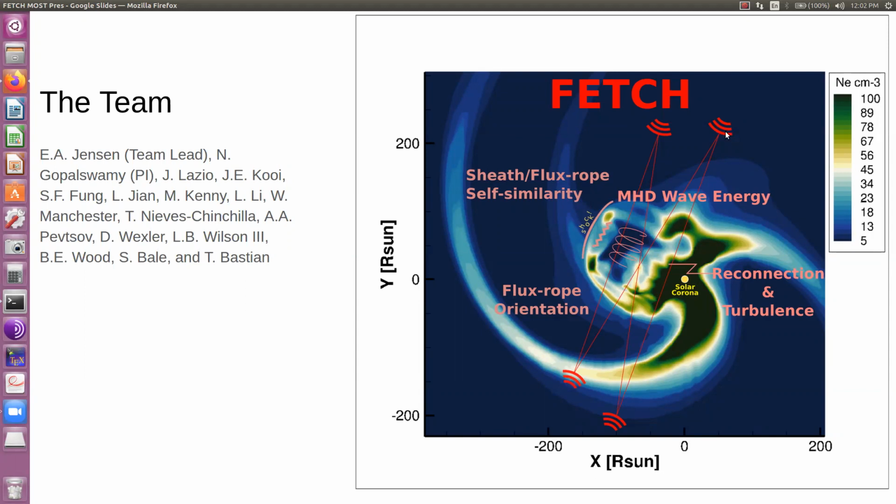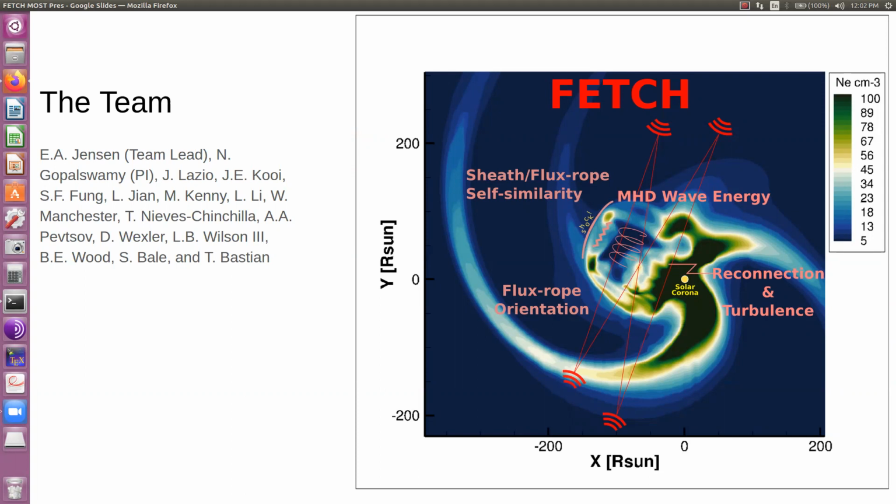And then ahead and behind of those positions would be the other spacecraft that would be hosting this specific instrument. And this instrument we called FETCH, and it's looking for Faraday rotation effects transients and coronal mass ejections moving through the heliosphere. So you can kind of see where FETCH came from.